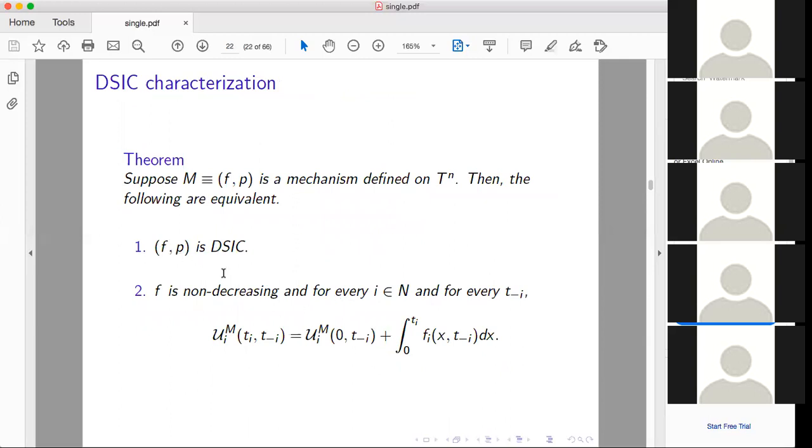So this characterization just requires that f is non-decreasing and u i t i minus i is equal to this integral which only depends on the allocation. So what we have basically shown is that any DSIC mechanism which satisfies ex post IR and non-negative payment can be completely described by a non-decreasing allocation.